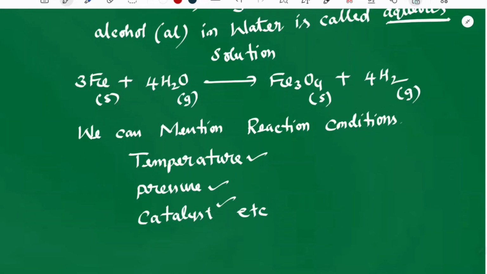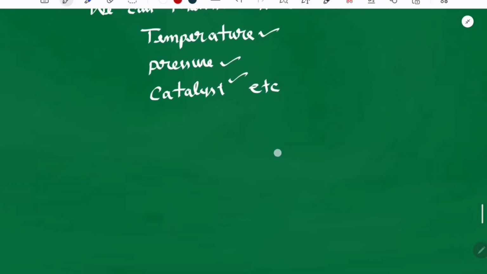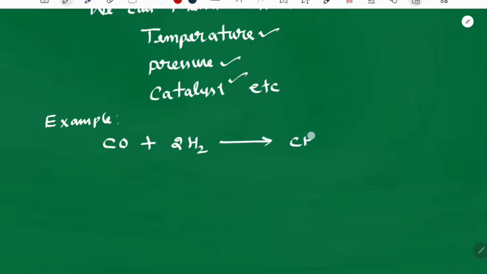For example, CO, carbon monoxide, plus hydrogen gas gives methyl alcohol.